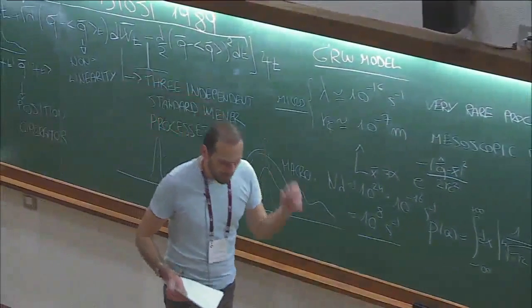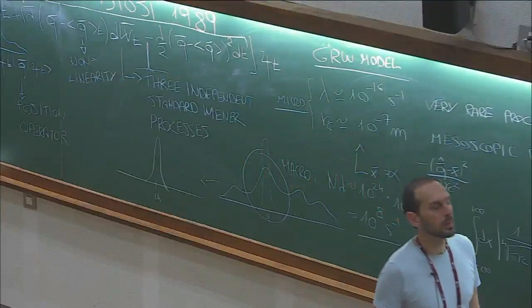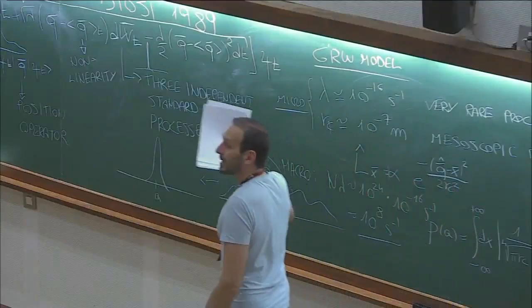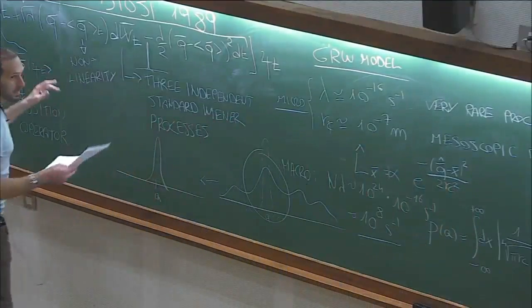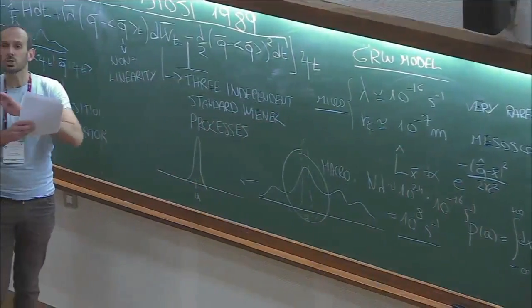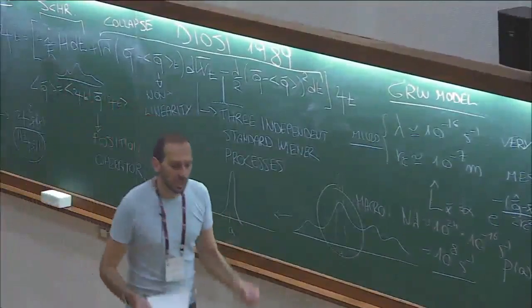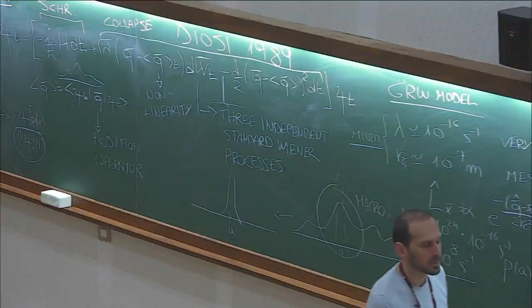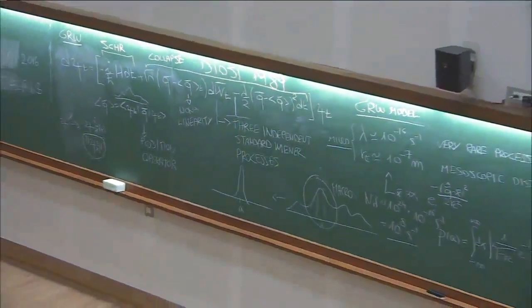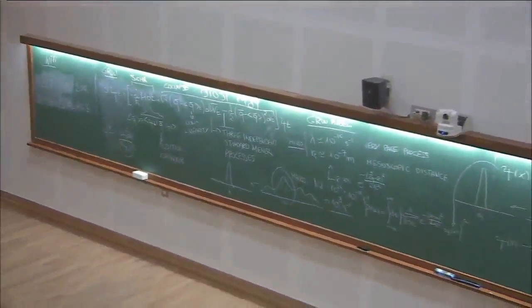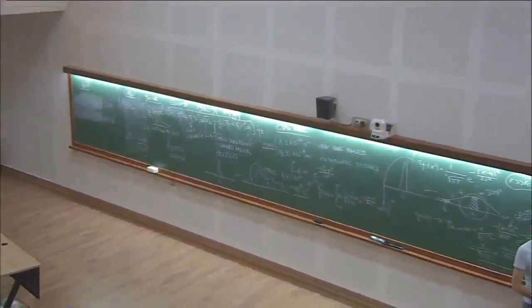And that's the most important property of collapse models. Within the same dynamics, I didn't change the dynamics. I just changed the system. Instead of considering a microsystem, I consider a macrosystem. If I consider a microsystem, the collapses do nothing. They never happen in life.